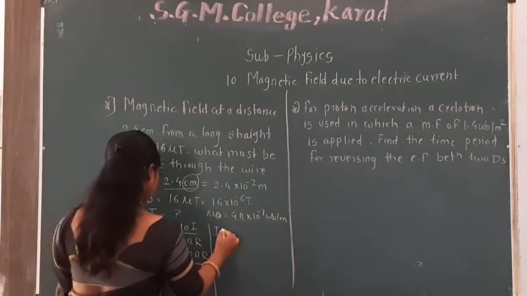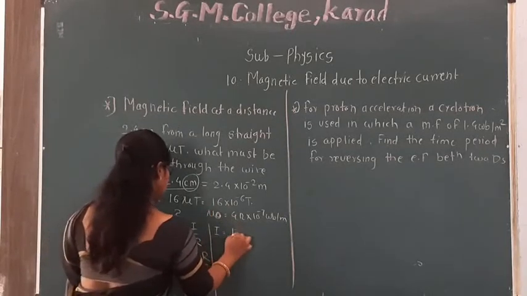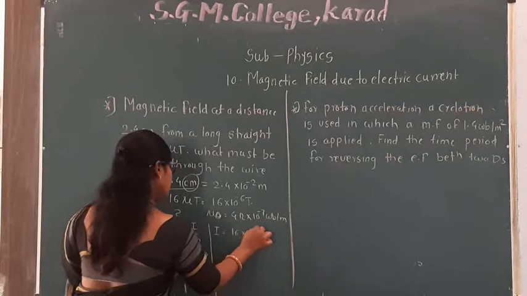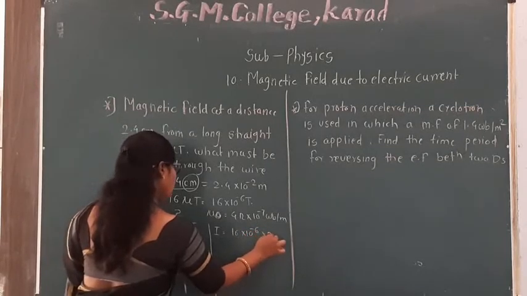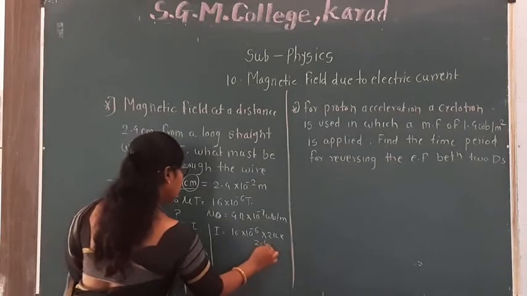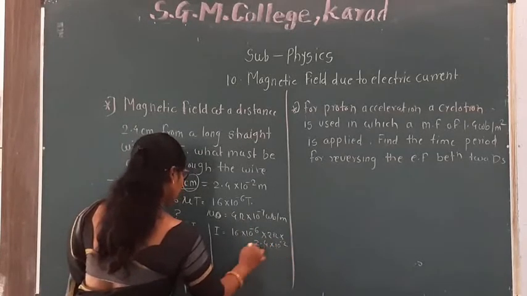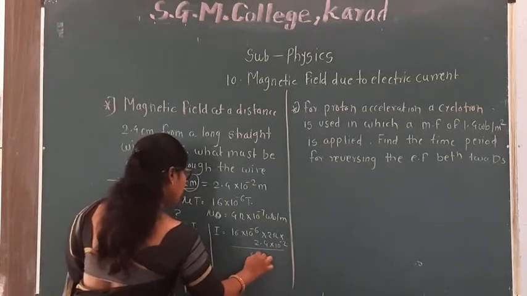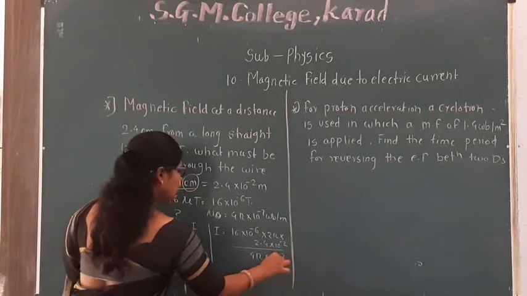I is equal to B. B's value is 16 into 10 raised to minus 6, into 2 pi, into 2.4 into 10 raised to minus 2, and here 4 pi into 10 raised to minus 7.